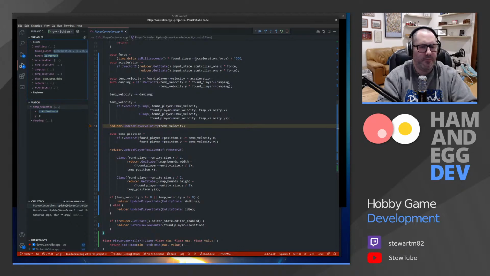If I was to put that there, .3. Okay, something here has set the velocity back to 10.